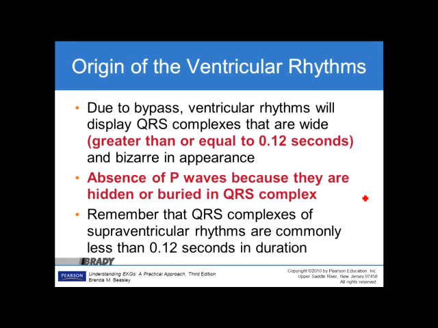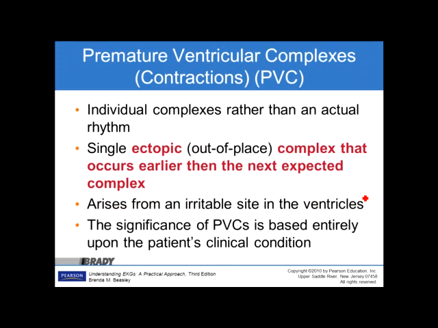Due to the bypass, ventricular rhythms will display QRS complexes that are wide, or greater than 0.12 seconds, and bizarre in appearance. There is an absence of P waves because they are hidden or buried in the QRS complex. Remember, the QRS complexes of most supraventricular rhythms are commonly less than 0.12 in duration.